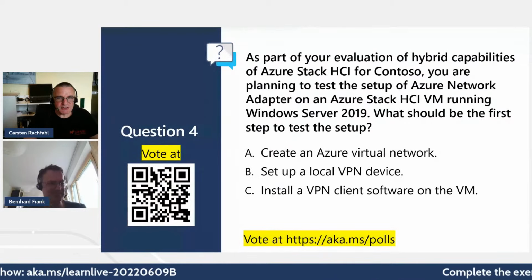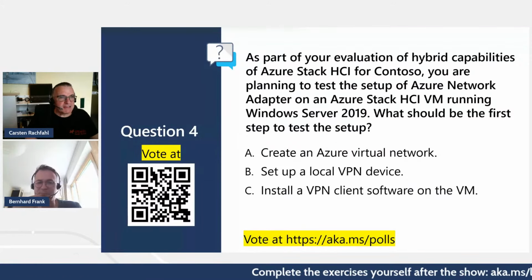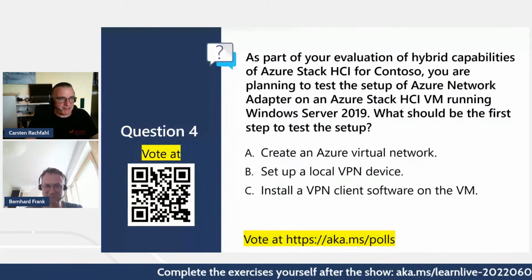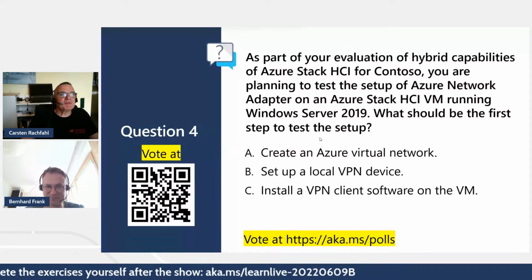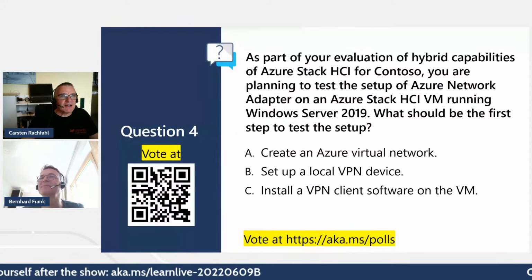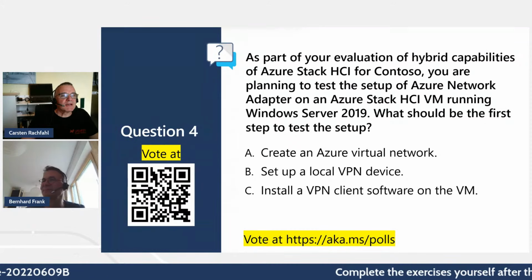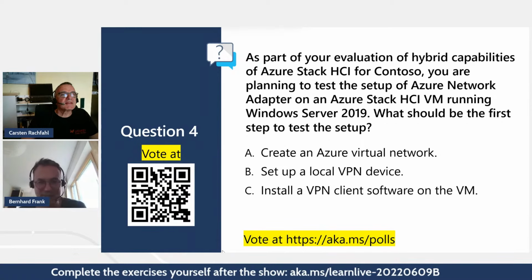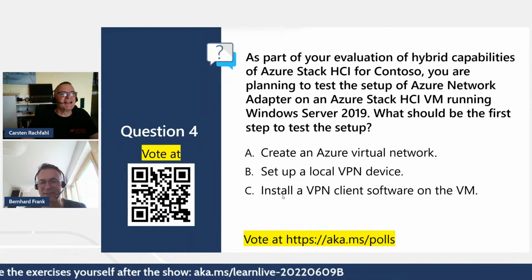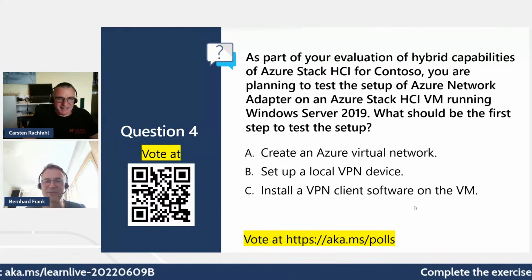Or should we install VPN client software on the VM? I think this one is much easier than the last one. Let's see how many people are helping us with the answer. So I get the poll. Okay. Don't stretch it too much, I think I already mentioned the answer. Yeah, it's A.